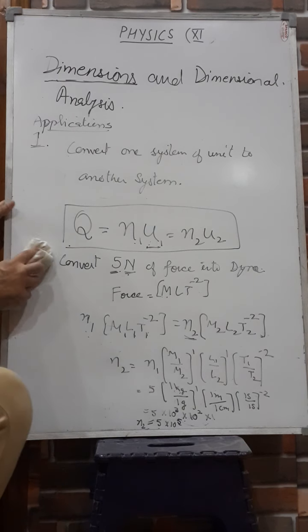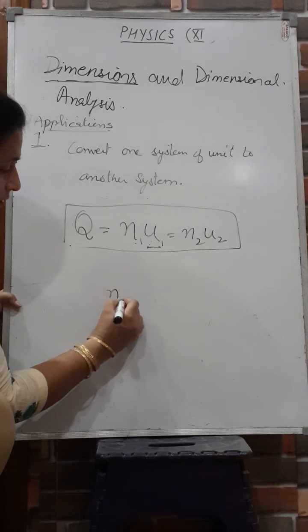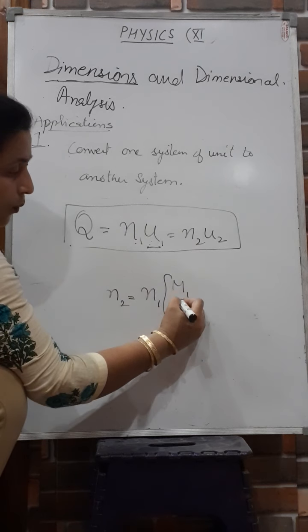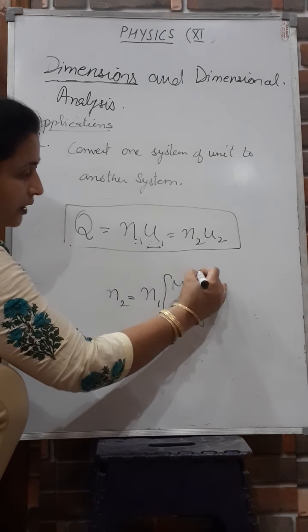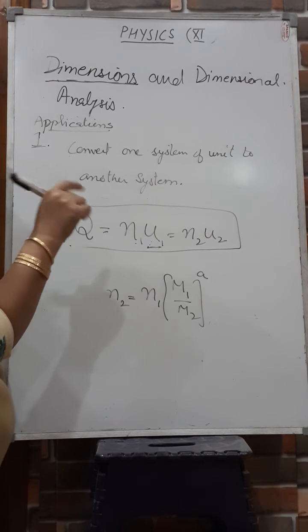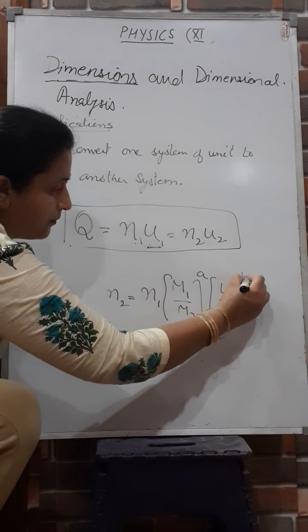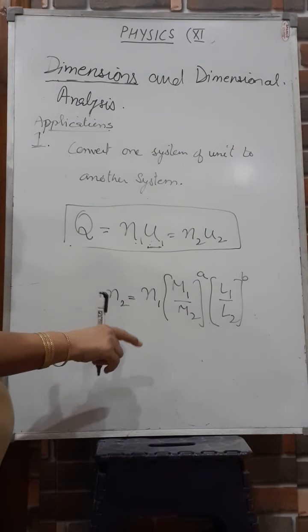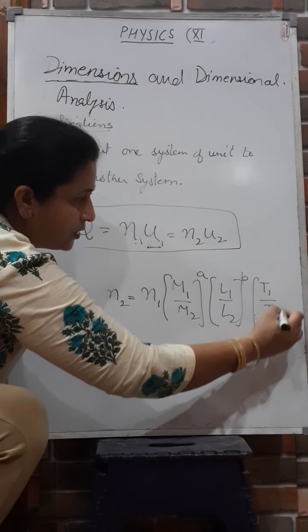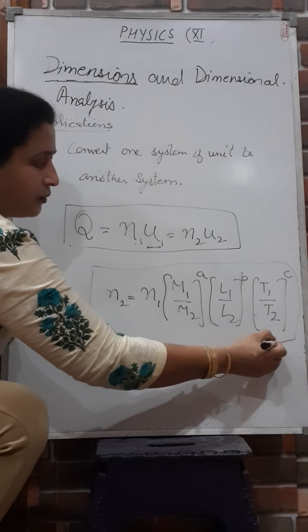This is the example. So the formula for finding the numerical value in the second system is: numerical value in the first system, then (m1 by m2) raised to power a, where a is the dimension of that particular physical quantity in mass; (L1 by L2) raised to power b, where b is the dimension of that quantity in length; and (T1 by T2) raised to power c, where c is the dimension of that quantity in time.